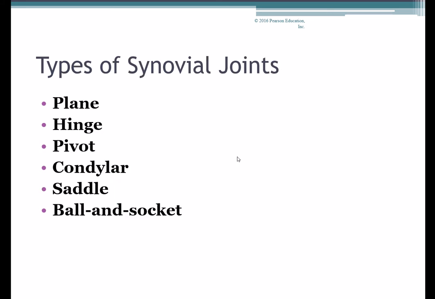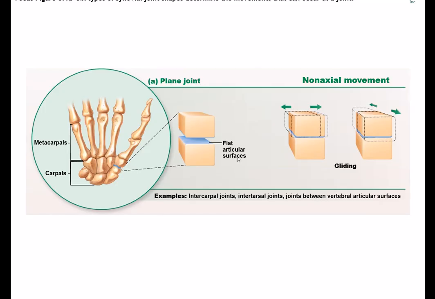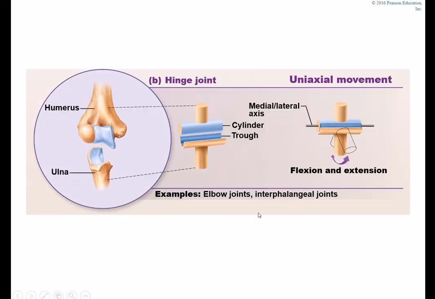We have 6 types of synovial joints based on the shape of the articular surfaces. Plane joints, like the intercarpal and intertarsal joints, are non-axial, so they just have this kind of gliding movement, not really a whole lot of movement, but still considered a diarthrotic or freely movable joint. Hinge joints, I always think of the door hinge, right?